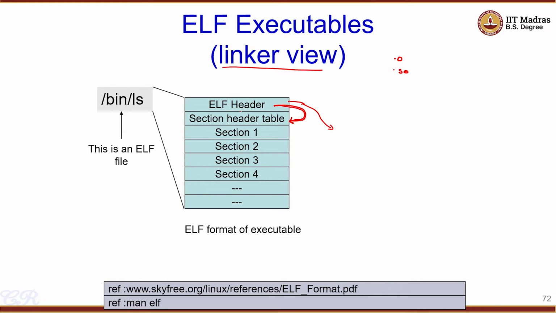Now within the section header table we have 13 entries, and each entry has a pointer to the corresponding section, right? So we have such pointers stored in the section header. Now when I say pointers over here, it doesn't mean the memory pointers that we've used in C, but essentially these are offsets within this particular file.